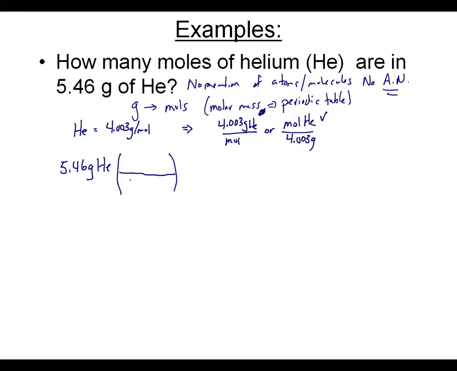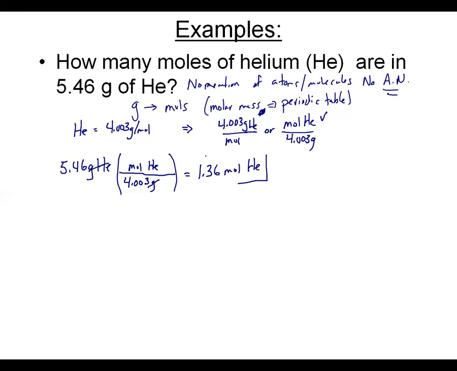And that would put our grams on the bottom per mole of helium. The grams of helium will cancel each other out, and we will get 5.46 divided by 4.003 gives us 1.36 moles of helium.